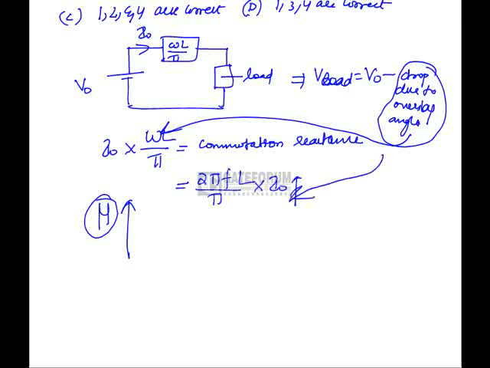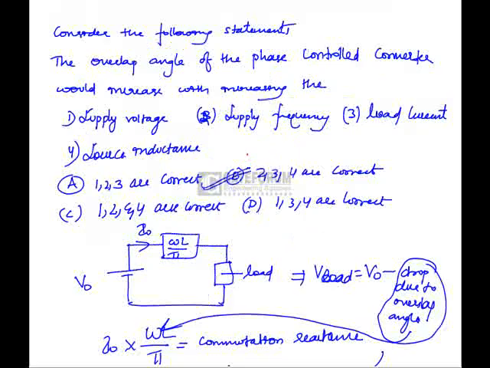Now the product consists of I naught, f, and L. All are directly proportional to overlap angle mu. That means you can increase I naught or f or L to increase overlap angle mu. So option B is the correct answer.